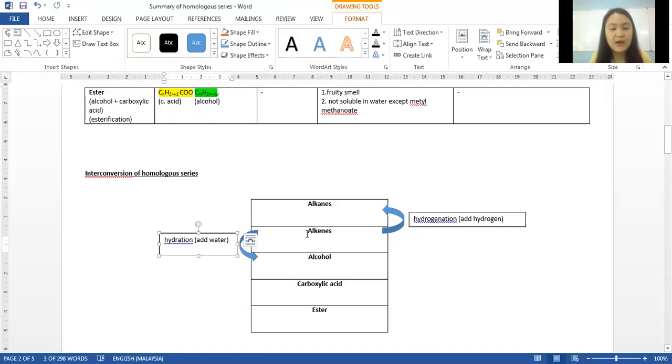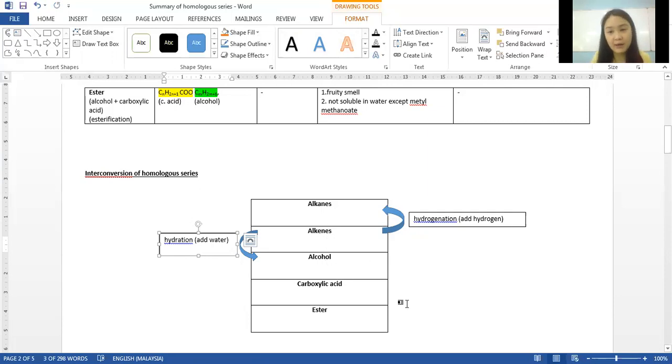For example, if you have ethene and add water, you get ethanol. Propene, add water, you get propanol, and so on. So that's how alkenes can interconvert. Alkenes can convert to the series above, which is alkane, and to the group below, which is alcohol.